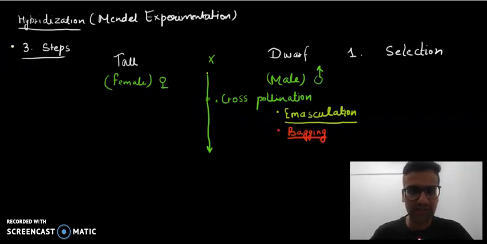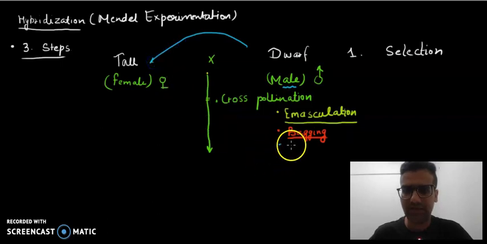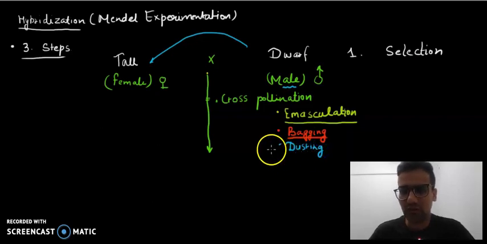The third step was dusting of the pollen grains. The anther gives the pollen grains, and these pollen grains were spread from the male part to the female part. This process is known as dusting.